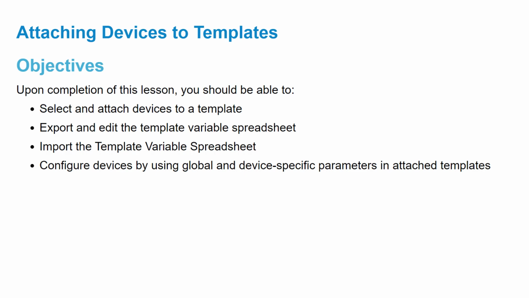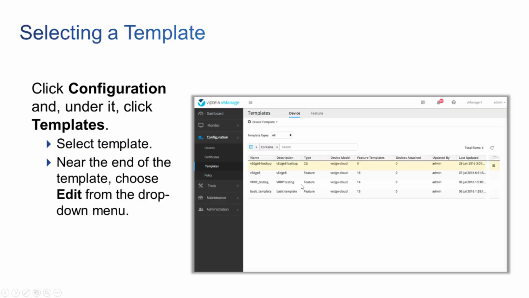The first thing that we want to do, of course, is we need to create a device template. Now, if we go to configuration, and then under configuration we simply click on templates, we can select the template that we want, and then we can identify whether this is going to be a device template or a feature template. And then when we hit create template, we're going to be given options to specify what type of template we want to create.